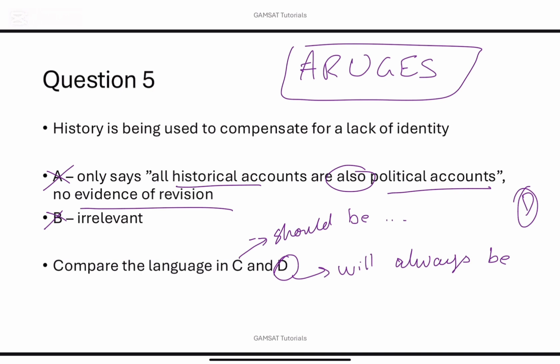Whereas C is not what it's pushing either, right? So D is correct because one, it's a correct statement, but also two, it's the only one that actually matches the word argues. So if you're really struggling, try and match the answer to the verb in the question. Because if your answer is not an argument, then it can't be the correct answer.